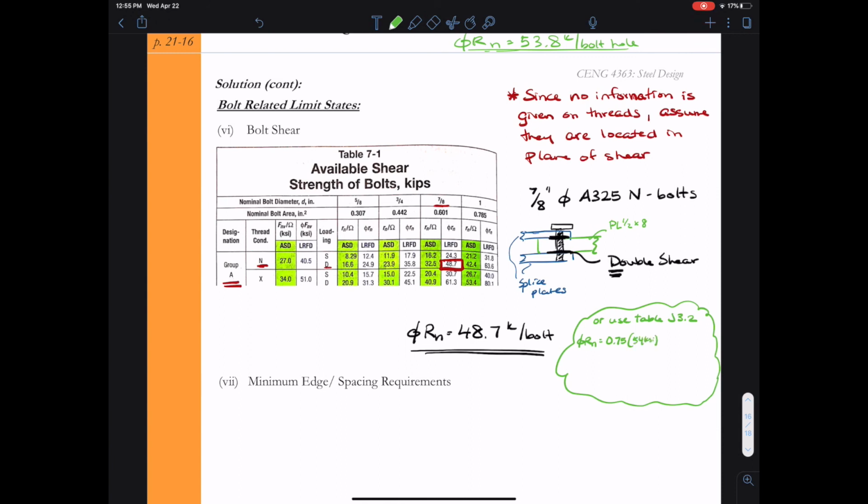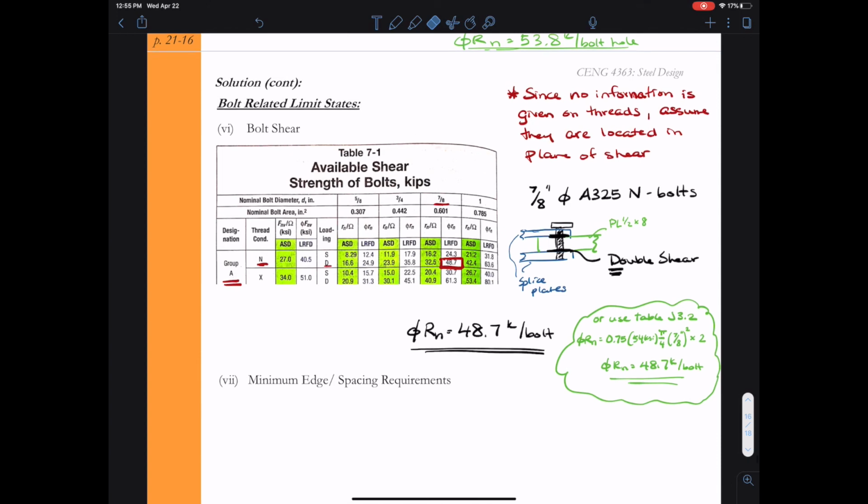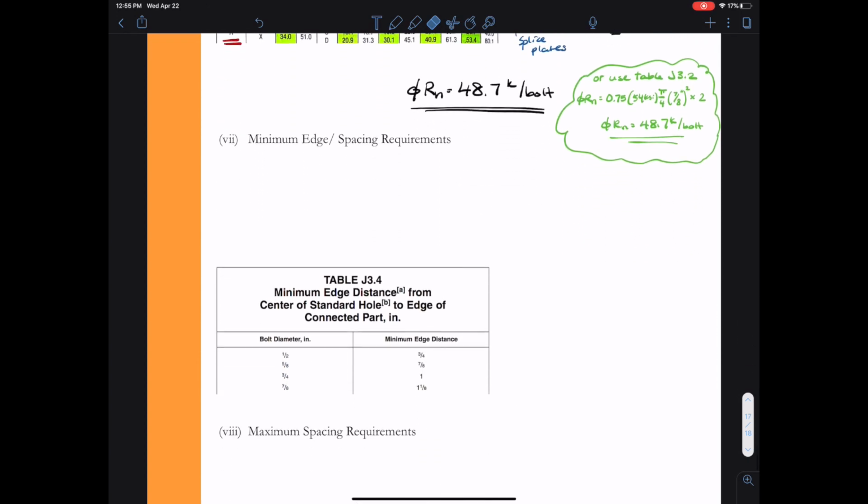I multiply that times my phi of 0.75 times pi over 4 times the diameter squared of the bolt, so that's my area of my bolt, times 2 because I have double shear. So this would also give me phi Rn equals 48.7 kips per bolt. So now we can use this table 7-1 with a little bit more confidence that we know where the number comes from.